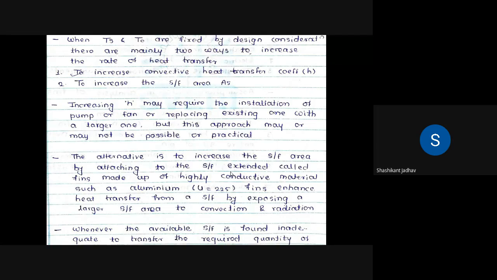Second, to increase the surface area, that is A_s. In this way we can increase the rate of heat transfer by increasing the convective heat transfer coefficient or by increasing the surface area.